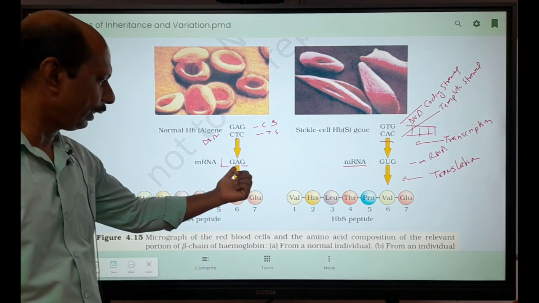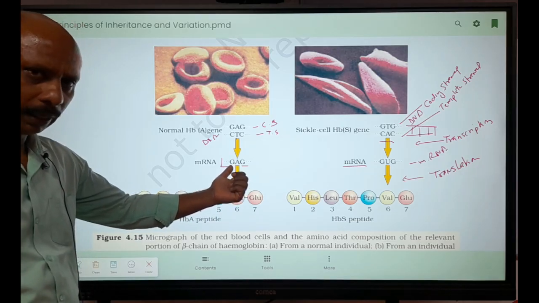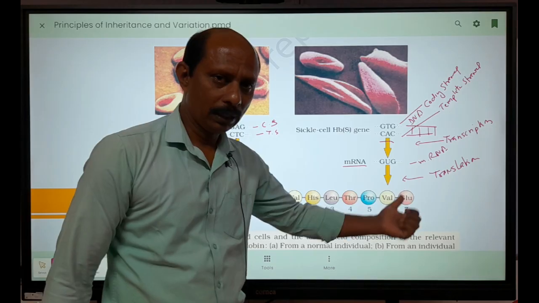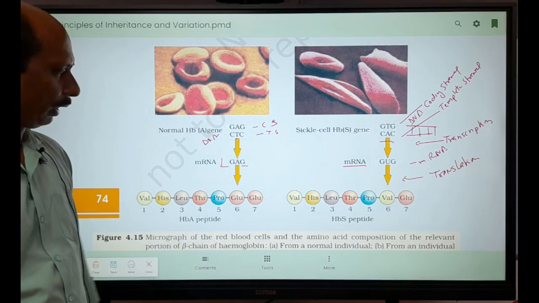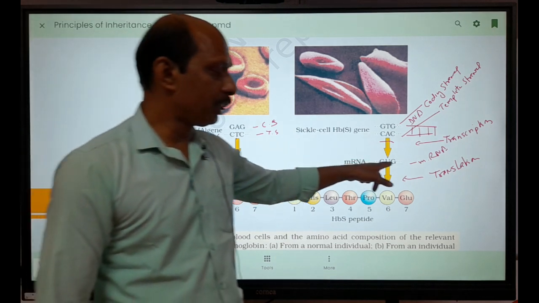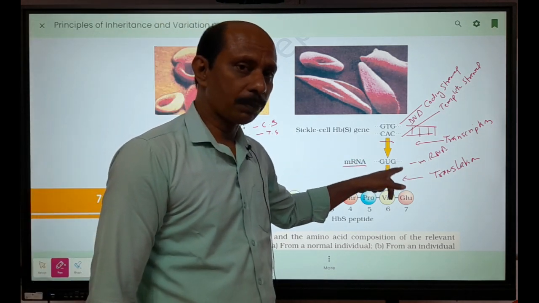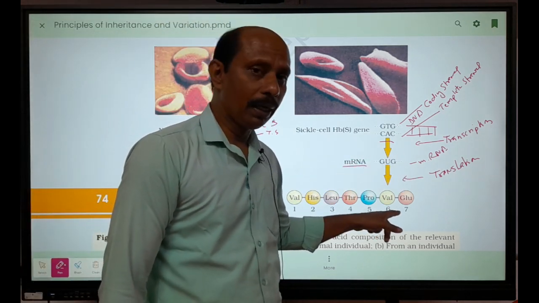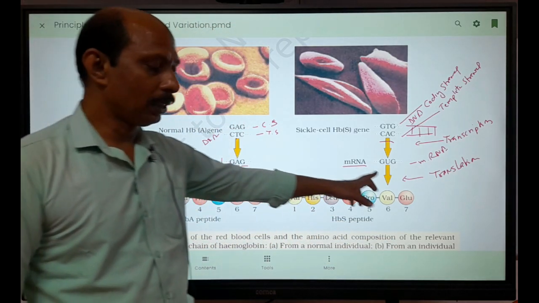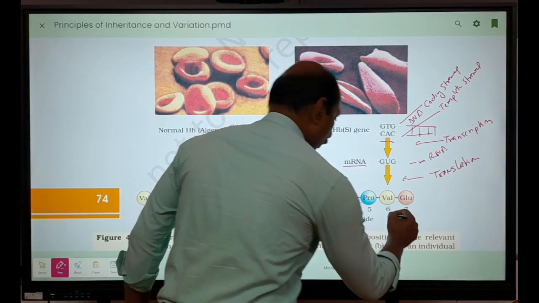And that makes all the difference. Here in GAG there is A, adenylate, but here in GUG there is uridylate, and that makes the whole difference. GAG is the codon responsible for the attachment of glutamic acid, whereas GUG is the codon responsible for the attachment of valine in transfer RNA. That's why glutamic acid is replaced by valine.